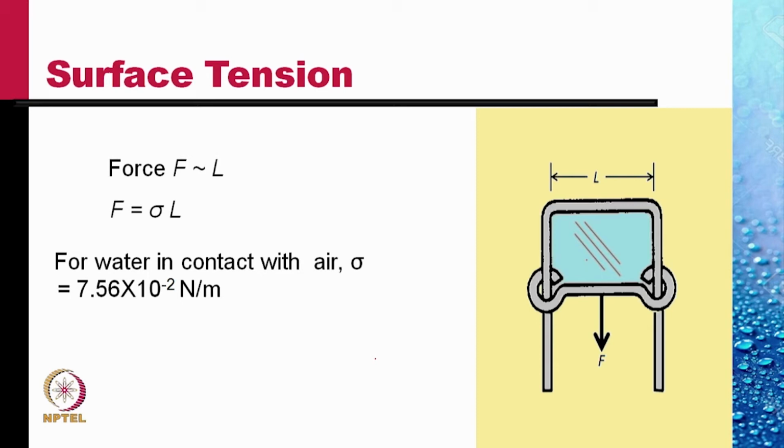For water in contact with air, the value of sigma, the surface tension, is 7.56 into 10 raised to power minus 2 Newton per meter. It is a very small quantity, but can become significant in many cases, two of which we have already discussed.